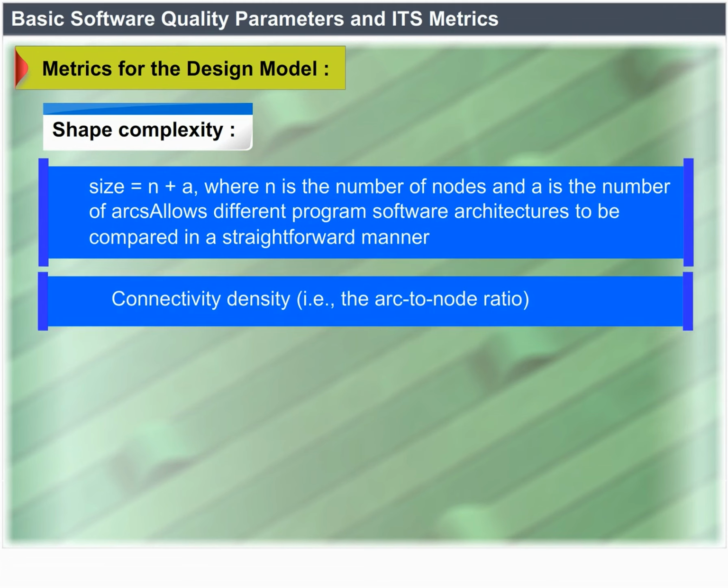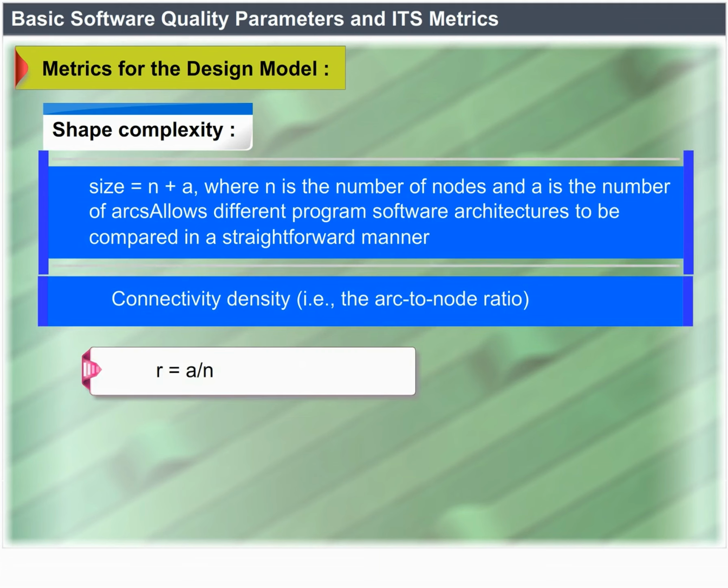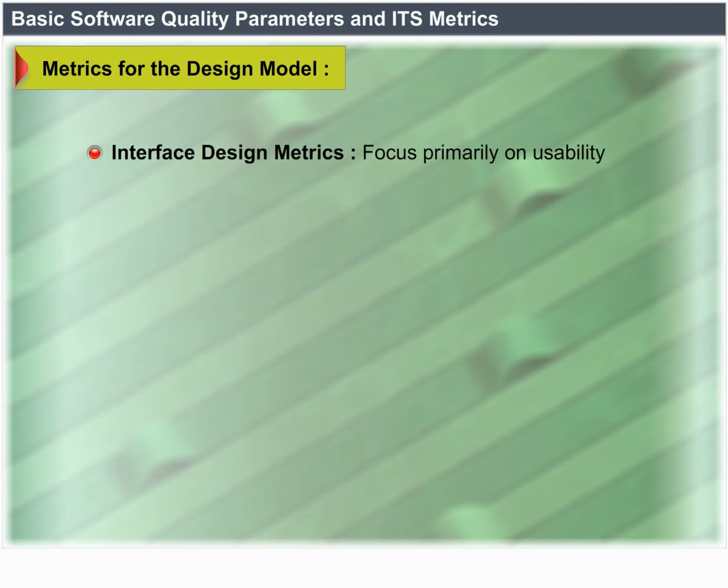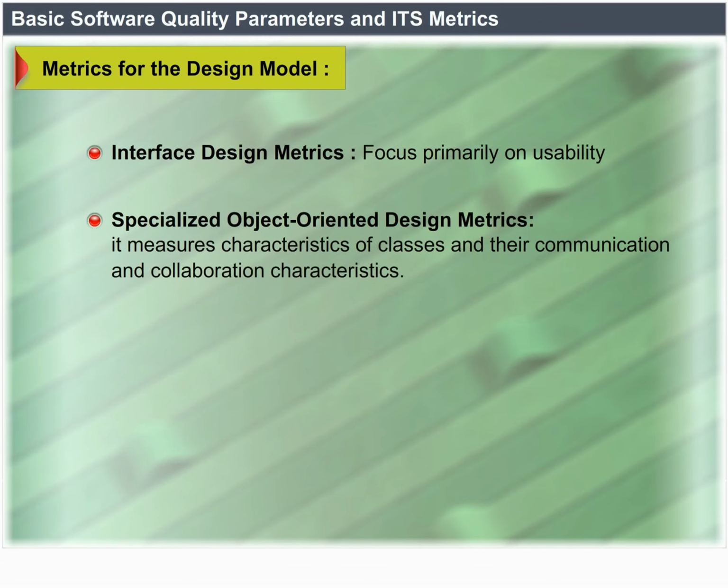Connectivity density, that is, the arc-to-node ratio, r = a / n, may provide a simple indication of the coupling in the software architecture. Interface design metrics focus primarily on usability. Specialized object-oriented design metrics measure characteristics of classes and their communication and collaboration characteristics.